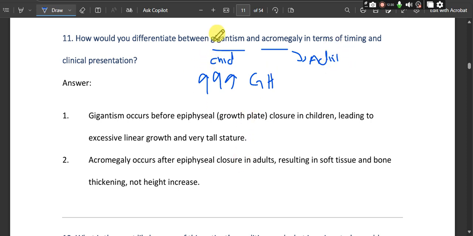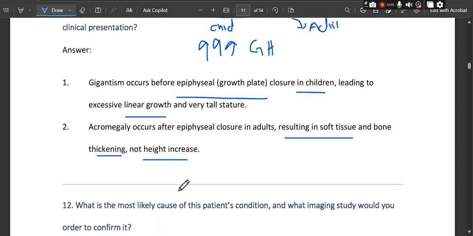So the only difference is that one takes place in a child and the other in an adult. Gigantism occurs before the epiphyseal plates are closed, leading to linear growth. Acromegaly won't lead to linear growth. It will just lead to growth in soft tissues and thickening of bones, and not height necessarily, because a person is already grown and can't grow any taller.